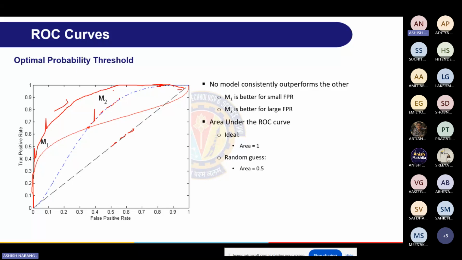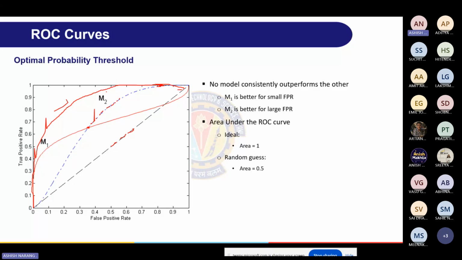So we can tolerate a bit of false positive rate because it is not going to cost much in my model. While in a healthcare system, I don't want to label somebody as having a disease when they do not, because it will create panic. So I'll choose M1. The moment I say I don't want any fraud to happen, I'll go with M2.